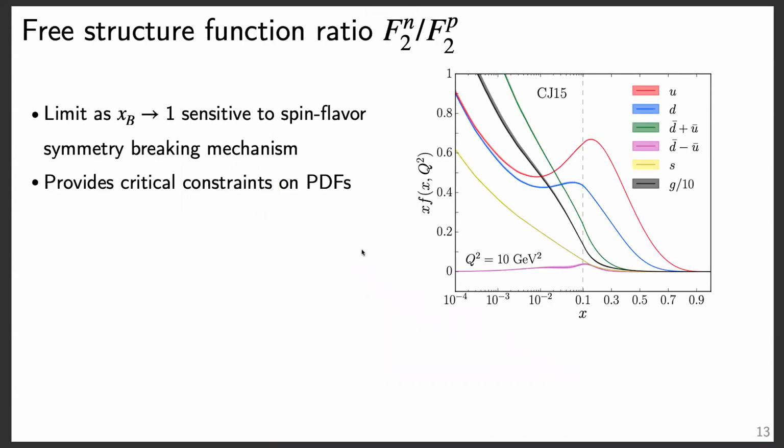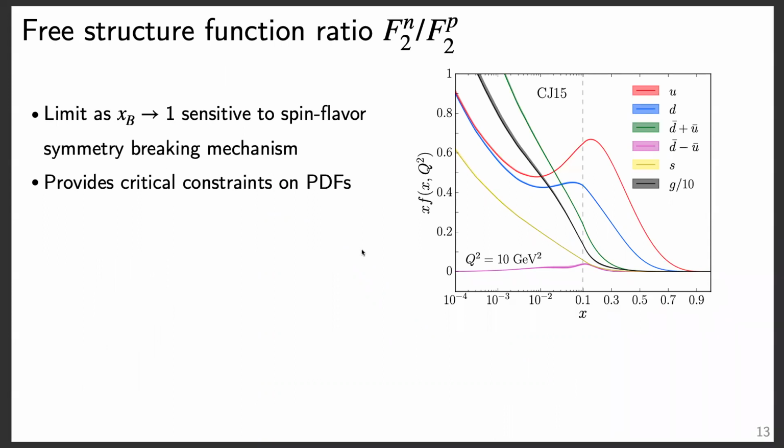I'll start by saying a few words about why this ratio F2n over F2p is so important. The limit of this ratio as X Bjorken goes to 1 is sensitive to the D over U ratio of the nucleon, which puts constraints on the mechanisms by which spin flavor symmetry is broken.